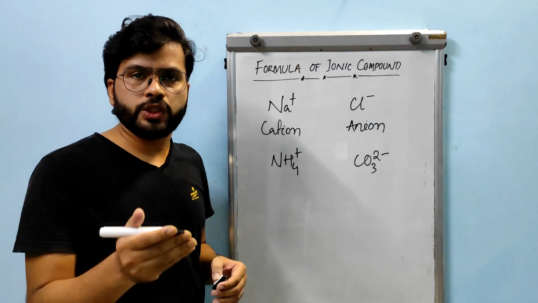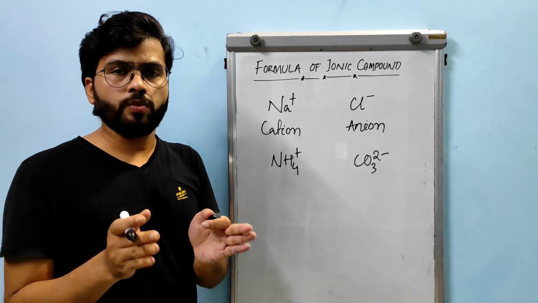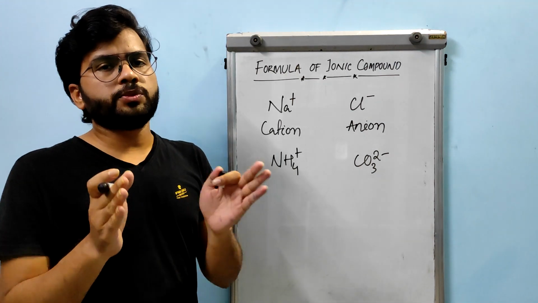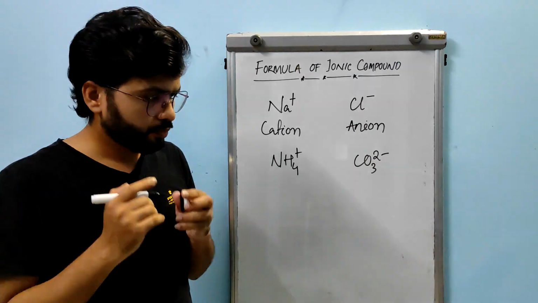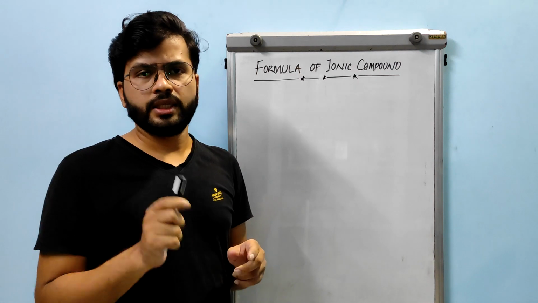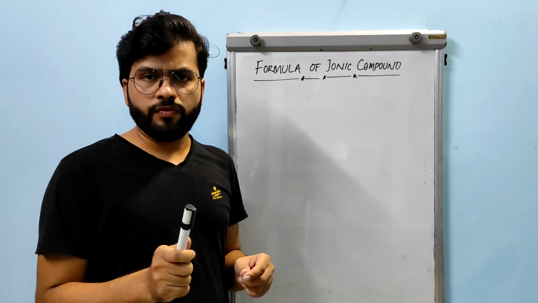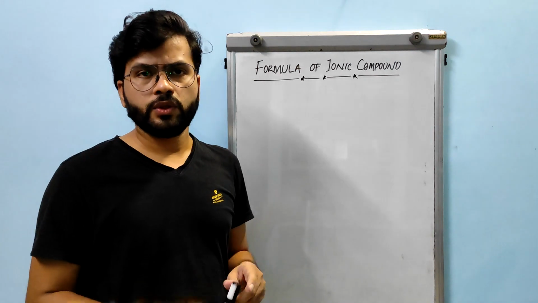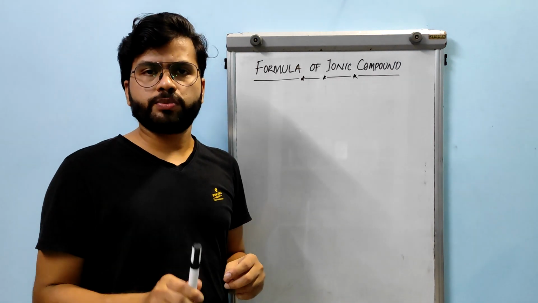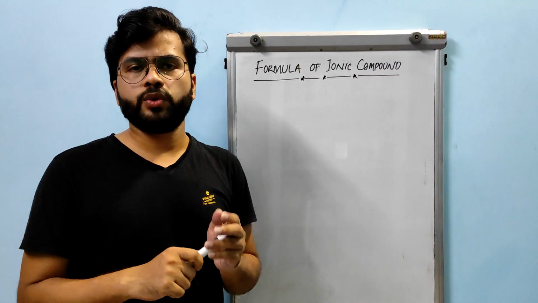Now let us proceed to discuss how to write the chemical formula when the name of the substance is given to you. One thing you should keep in mind is that in an ionic compound we always write the cation first, followed by the anion. From the chemical name of the substance you can easily guess which one is the cation and which one is the anion.